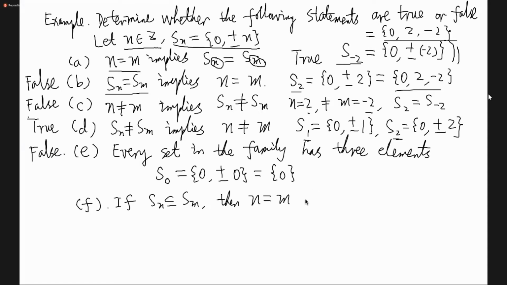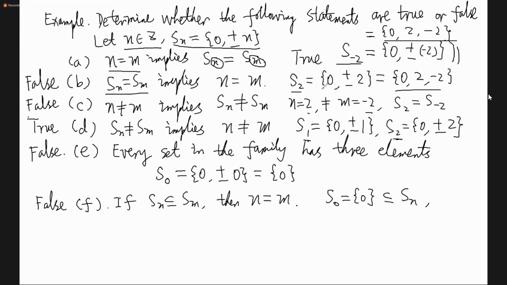So this is false. You still use a counterexample. So the counterexample is S0 equal to 0. So in particular, it's contained in any Sn. But of course, you just pick any n which is different from 0, correct? Okay, so another counterexample is you can also use B. If you use B, you can see S2 is equal to S negative 2.